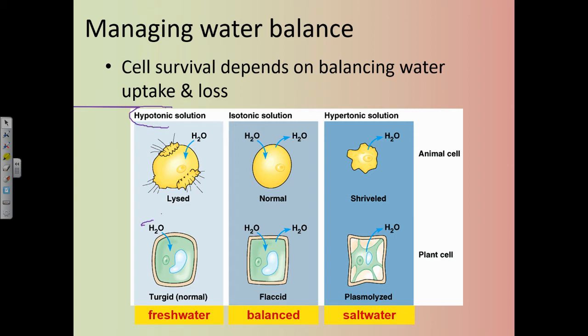Here's our hypotonic solution, our isotonic solution, and then our hypertonic solution, and we're going to take a look at each one of these in more detail. An example of a hypotonic solution would be fresh water or pure water. A hypertonic solution might be salt water, and isotonic is considered balanced. We don't have an excess amount of solutes or an excess amount of water.